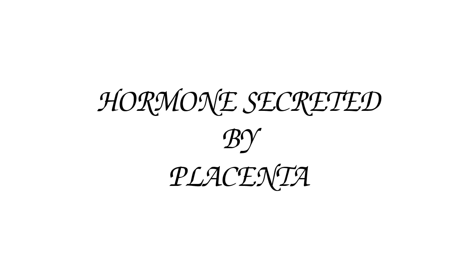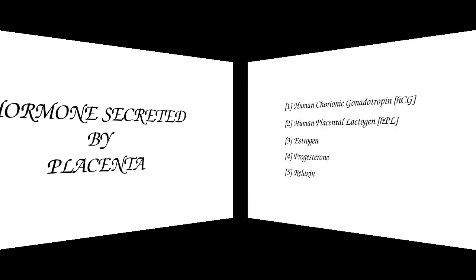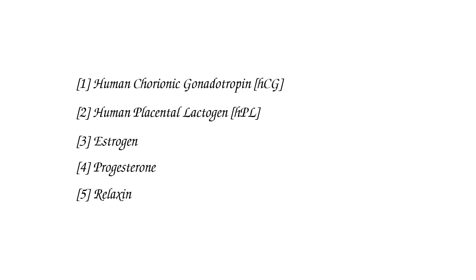The hormones secreted by the placenta are human chorionic gonadotropin (HCG), human placental lactogen (HPL), estrogen, progesterone, and relaxin.